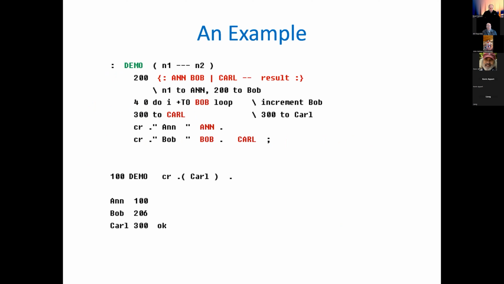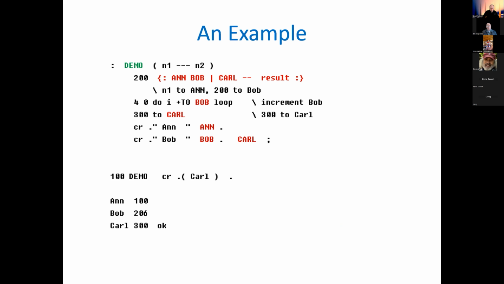So here's an example of use. In this case, the word demo, there's the input parameter N1 and an output parameter of N2. With the input parameter of N1 on the stack, we enter and we have the number 200. Now there are 2 items on the stack, N1 and 200. The local declaration is made, and so the variable N is loaded with the earliest value on the stack, and Bob is loaded with the top of the stack.